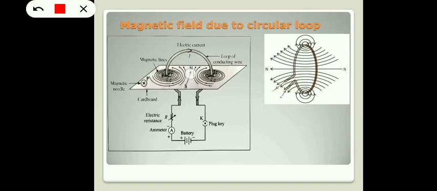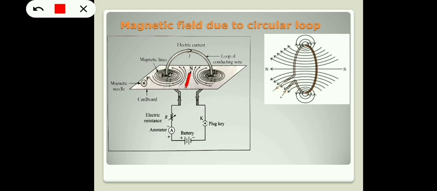Children, here you might have noticed one thing. As we move towards the center of the coil, the magnetic field lines take a straight line pattern. Have you noticed that? See here. Yes, it takes the shape of a straight line.